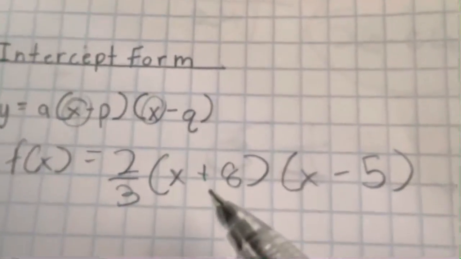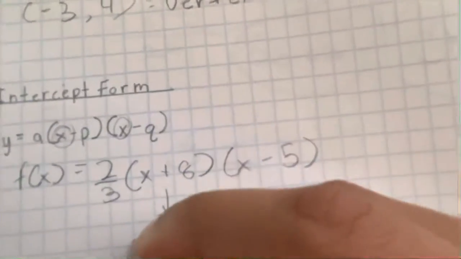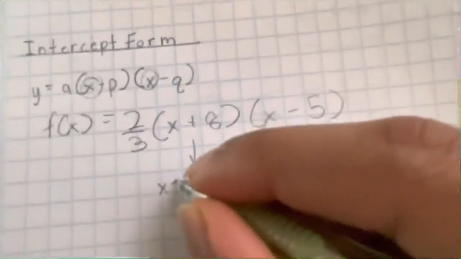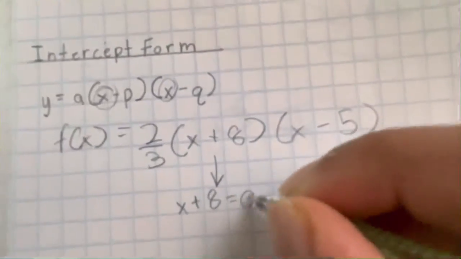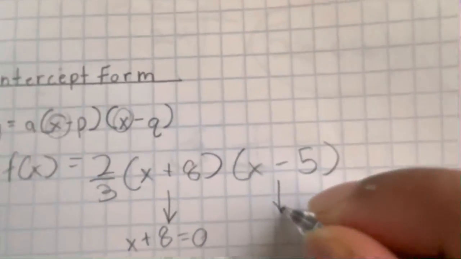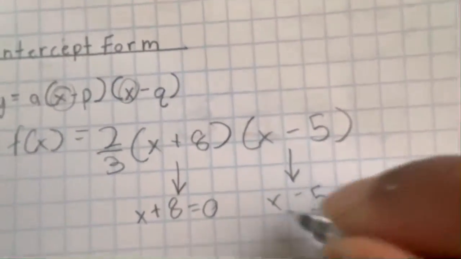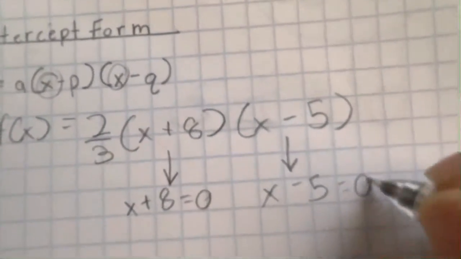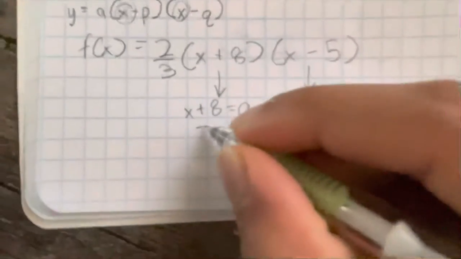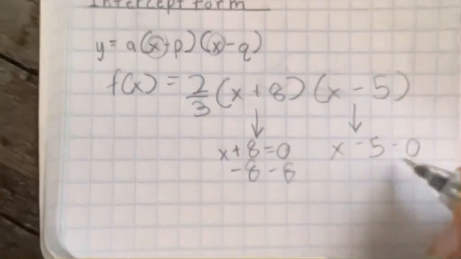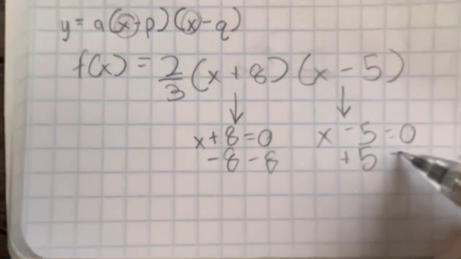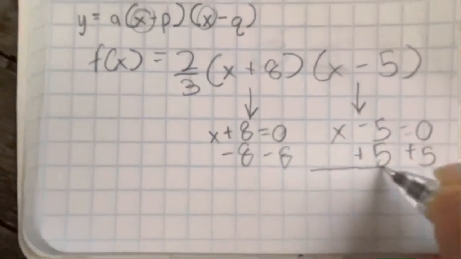So our roots or solutions would be x plus 8 equals 0 and x minus 5 equals 0. How we solve for x is very simple. We just subtract and isolate for x.